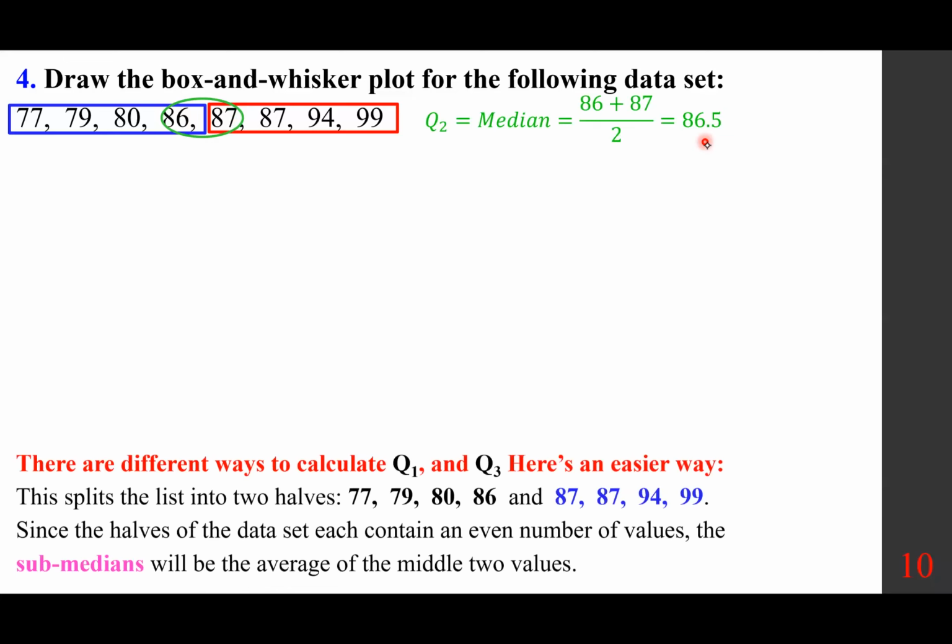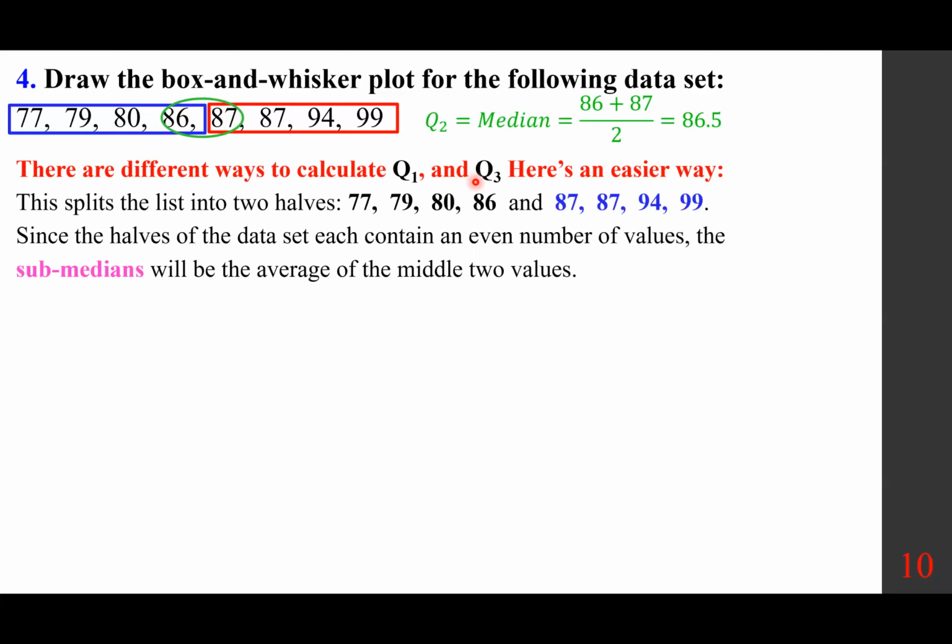As I mentioned, there are different ways to calculate Q sub 1 and Q sub 3. Here's an easier way. This splits the data into two halves. The bottom half, the top half. Since the halves of the data set each contain an even number of values, the submedian will be the average of the middle two values. Again, this is one easy way to do that.